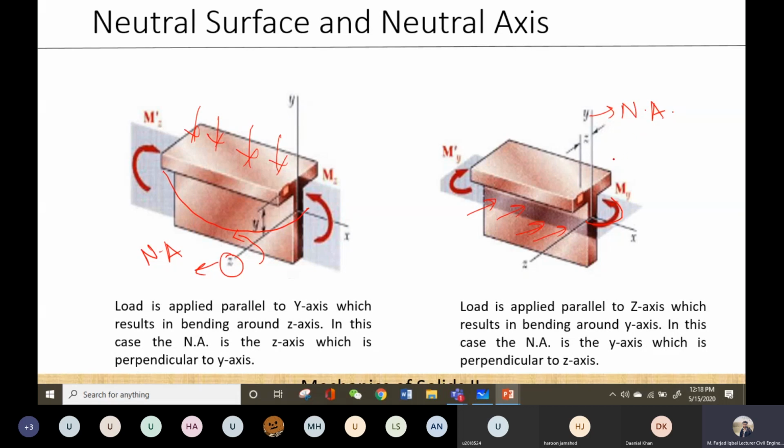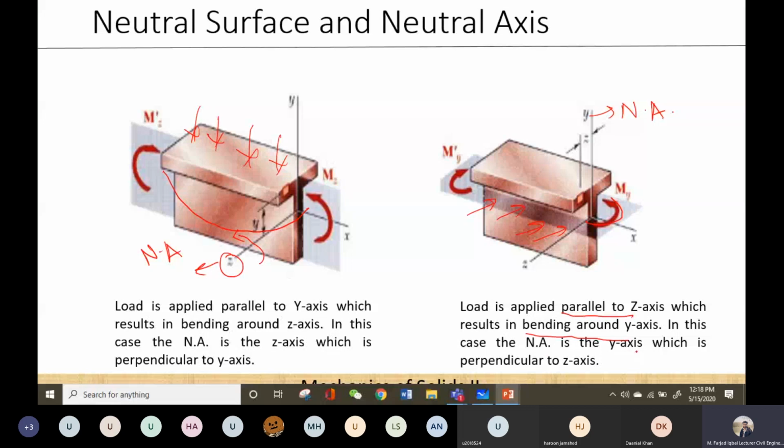So can I conclude that the axis perpendicular to the direction of loading is the neutral axis? Yes. For example, in this one, the load is applied parallel to the z-axis, which results in bending around the y-axis.